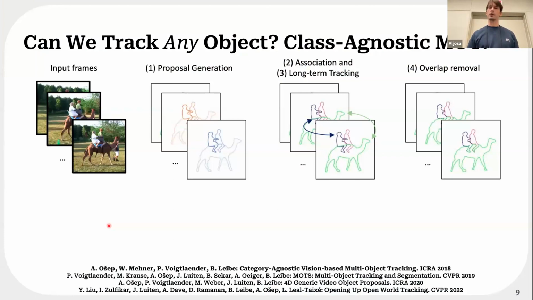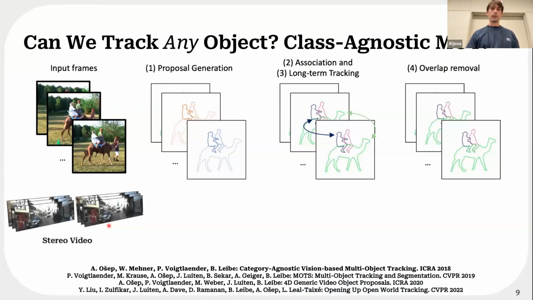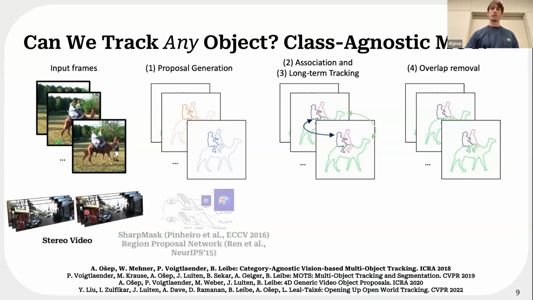Early versions of our tracking methods for attacking this problem used stereo video as input, and we used data-driven object proposal generation methods to initialize our object tracks.